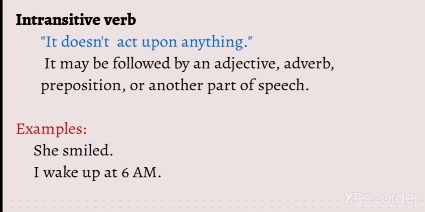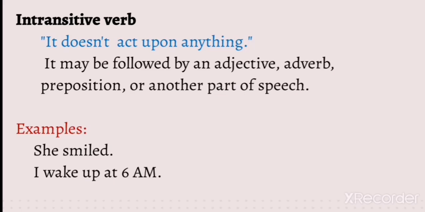The second type of action verb is intransitive verb. Transitive and intransitive verbs are opposite of each other. The one requires an object while the other does not require an object to give complete meaning. It does not act upon anything.